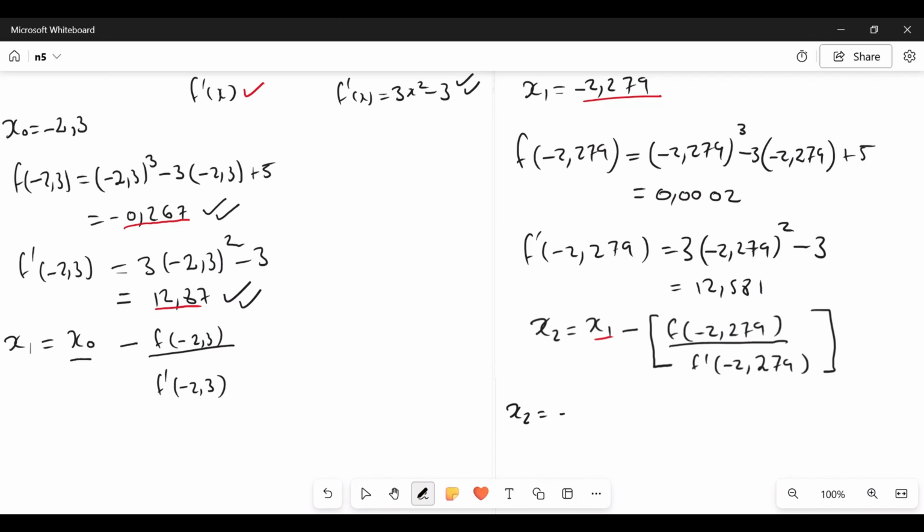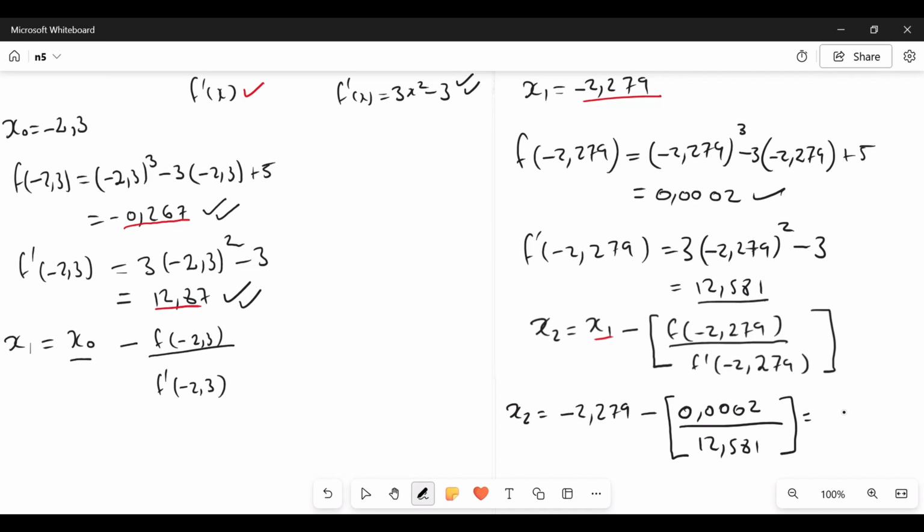It's going to be negative 2,279 minus, then inside the bracket, we need to put f of negative 2,279, which is this one here, 0,0002, divided by f of negative 2,279 prime, which is this one here, 12,581. Then close the bracket.